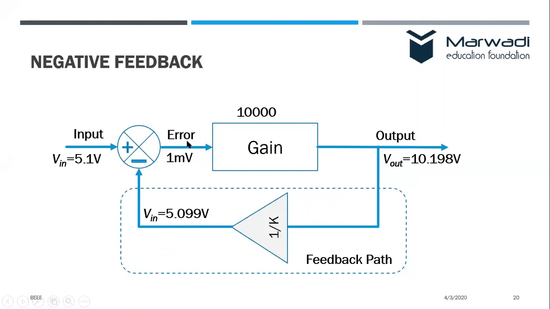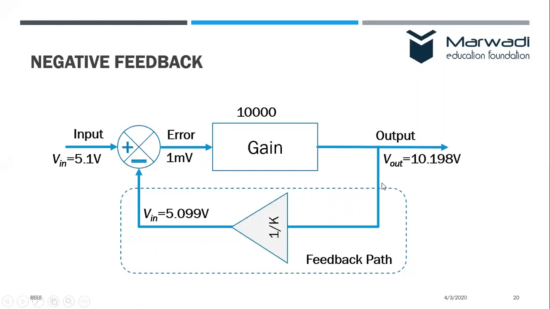So your error signal is 1 millivolt. Error signal is 1 millivolt. Now the gain of the operational amplifier is, let us say, 10,000. Now if you multiply 1 millivolt with 10,000, the output will be, let us say, 10.198. There will be some error. So the output is 10.198, right?